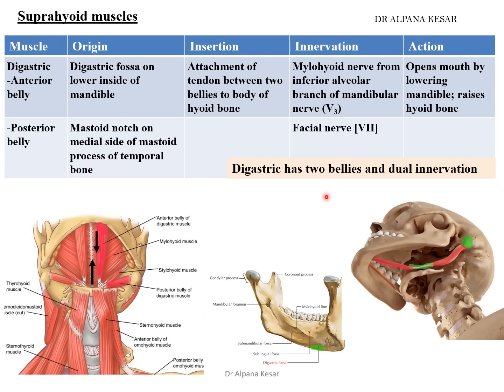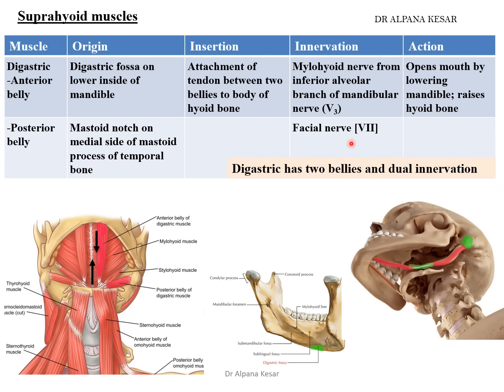Digastric muscle has dual innervation, that is, the anterior and posterior bellies are supplied by different nerves. Anterior belly of digastric is supplied by mylohyoid nerve. Mylohyoid is a branch of inferior alveolar nerve, which is a branch of mandibular nerve.